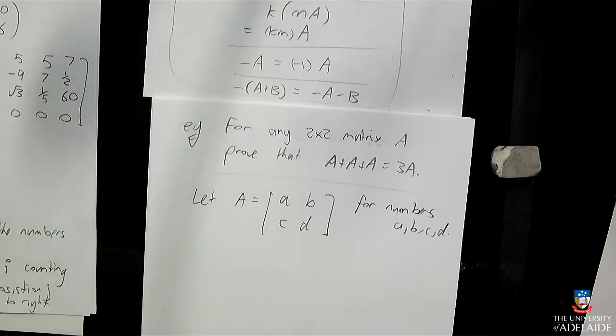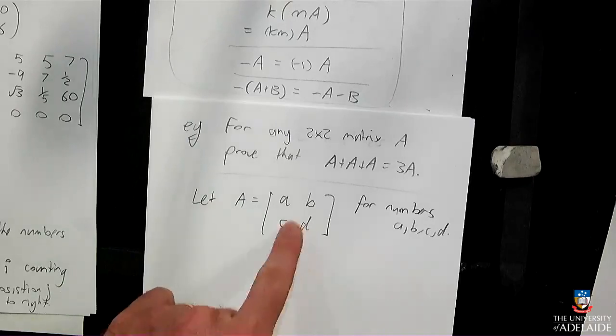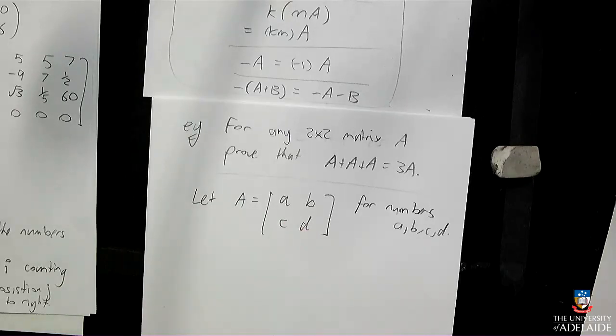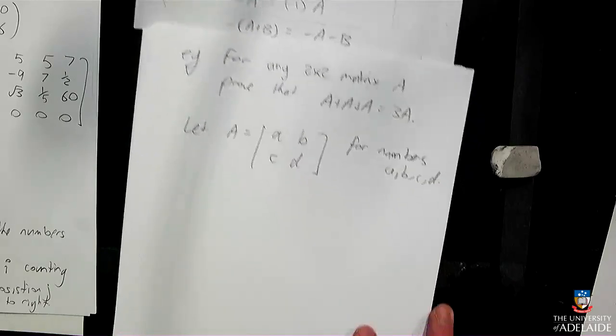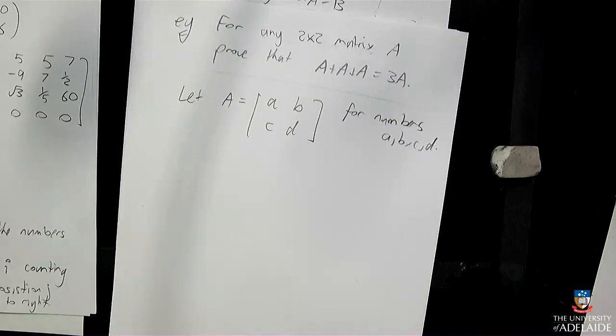But when a mathematician says prove this for any, it means prove this for all of them. And so we have to prove that it's true no matter which A we pick. And so we are going to pick some letters to stand in for any number that we could have thought of. So let A be A, B, C, D for numbers A, B, C, and D. And you have to tell people what the letters stand for when you do this sort of thing.